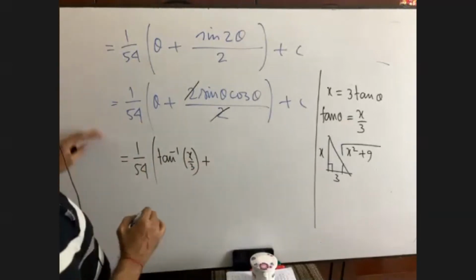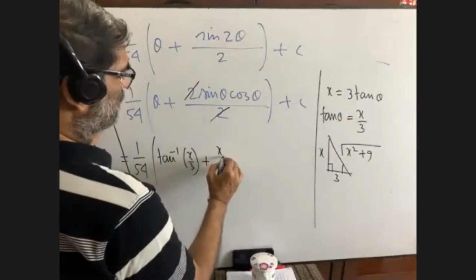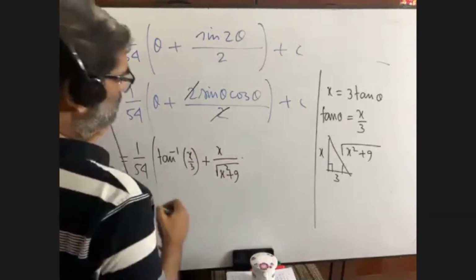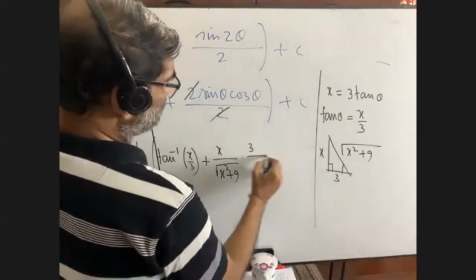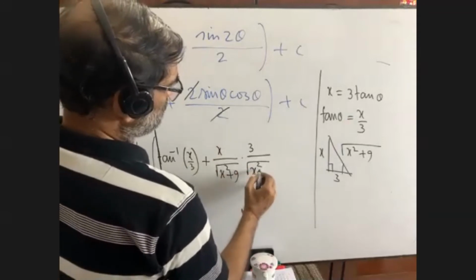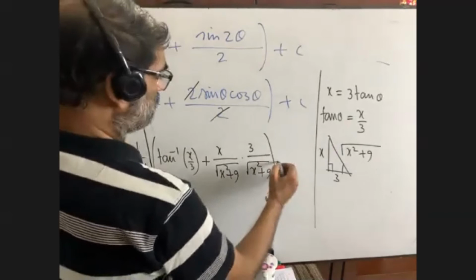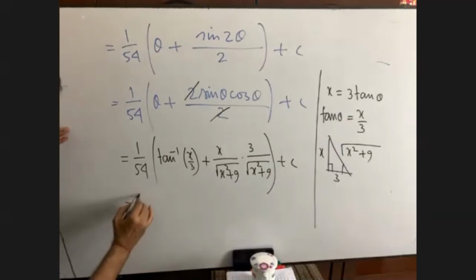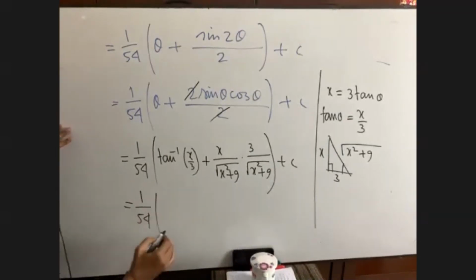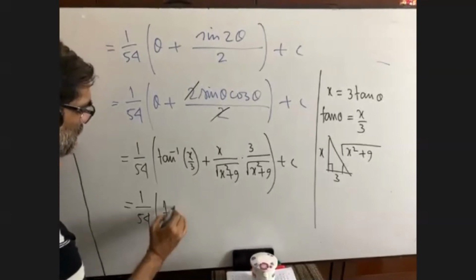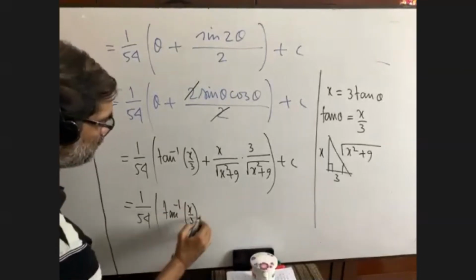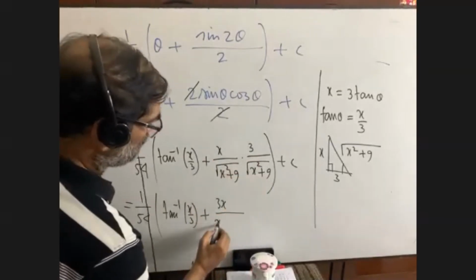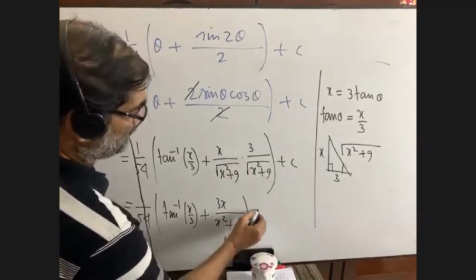Sin theta means perpendicular by hypotenuse, dot cos theta. Cos theta means base by hypotenuse. Is it? So we are getting at last 1 by 54 tan inverse x by 3 plus thrice x by x square plus 9, plus c. It is the answer.